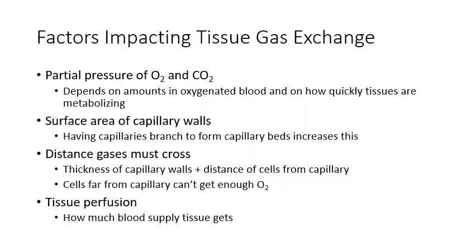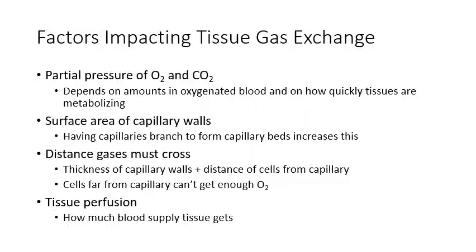If you have a cell that's pretty far from the capillary, the gases have to go a long way to get to and from the blood. So it's not going to be getting very much oxygen, and it's going to be hard for it to get rid of its carbon dioxide. The most important thing there, though, is it's having trouble getting oxygen. Actually, if you're not getting oxygen, you're not making carbon dioxide.